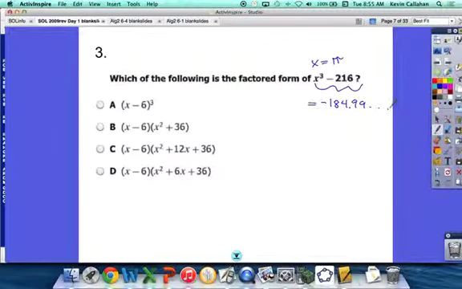I'm getting negative 184.999. So which one of these has the same value?